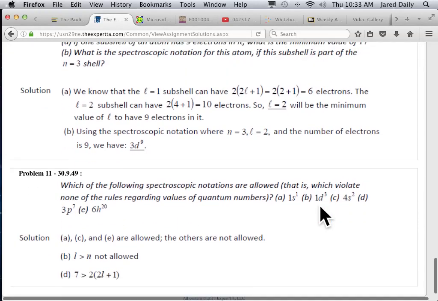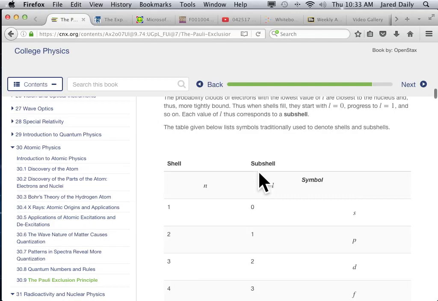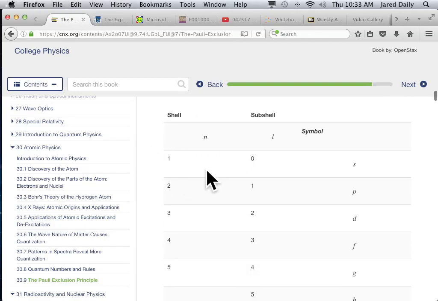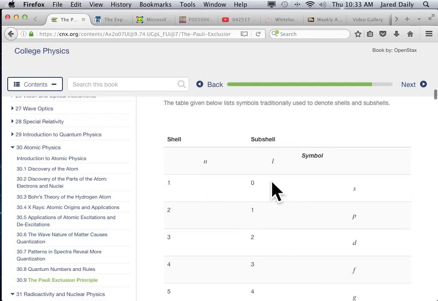That's right, n equals 1. If we go back to our chart here, if n equals 1, the only possible L state is 0 with an S, right? When n equals 2, you can have an L equals 1, and then you can have a P state, but for this one you can't.